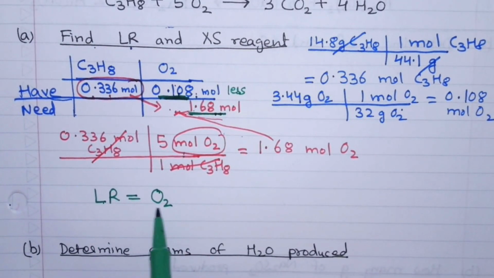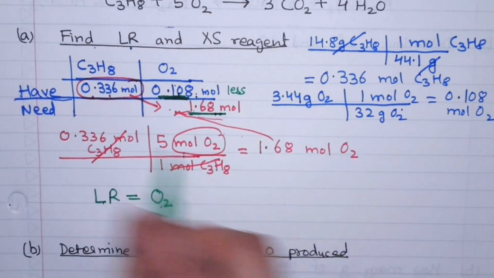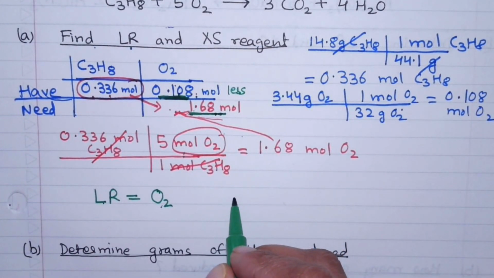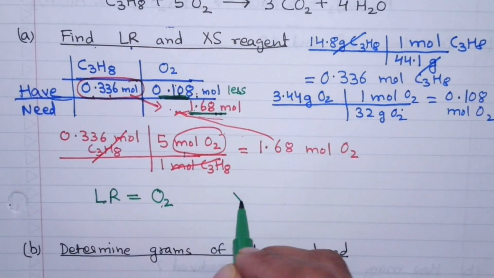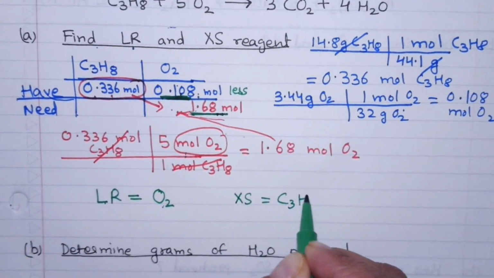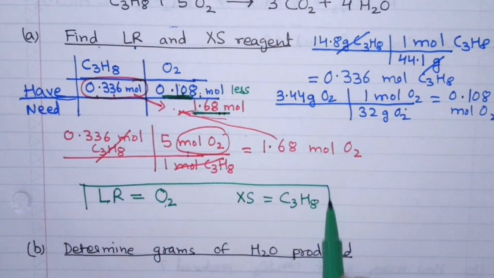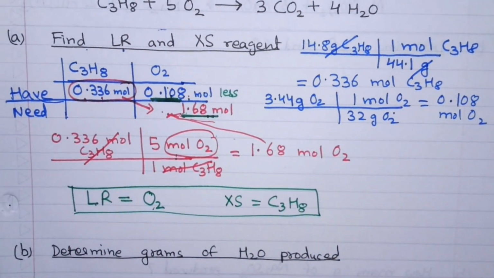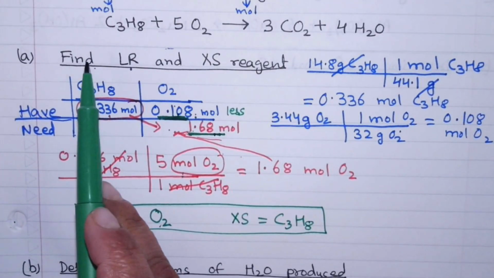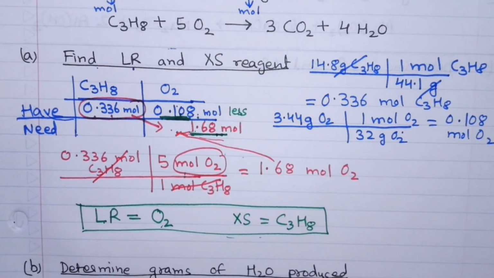So limiting reagent is our oxygen. That makes C3H8 our excess reagent. So excess reagent is C3H8. Okay. So first step is done. The first part was find the limiting reagent and excess reagent, and we already calculated that.